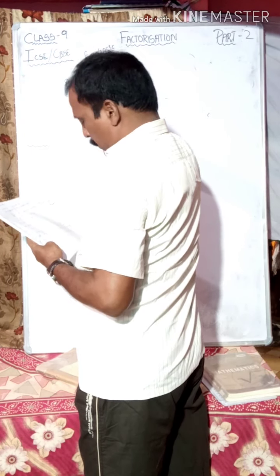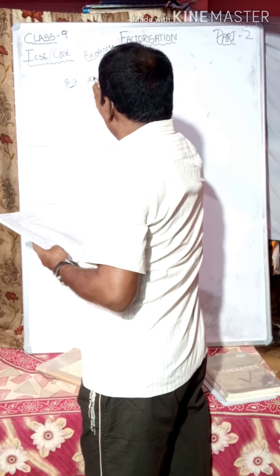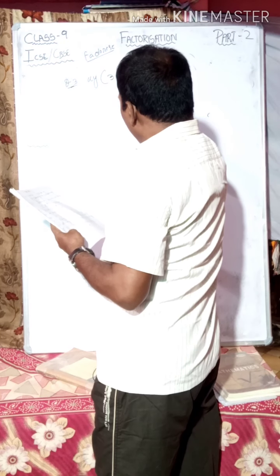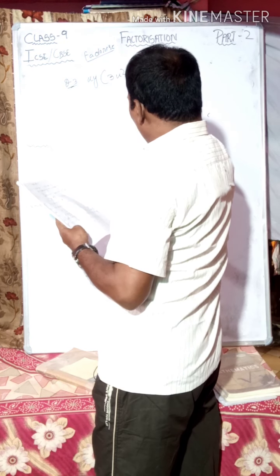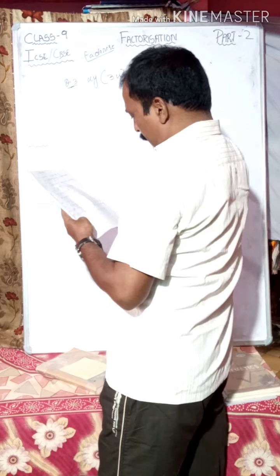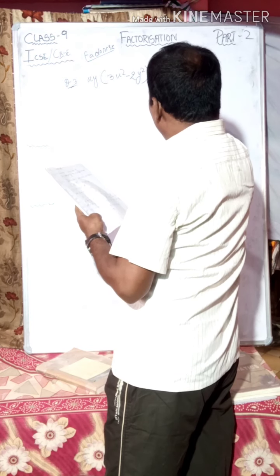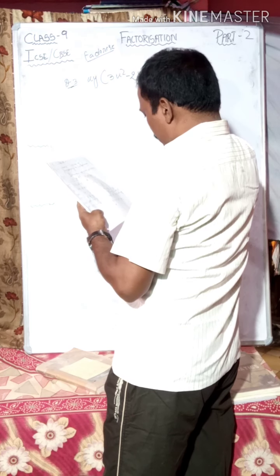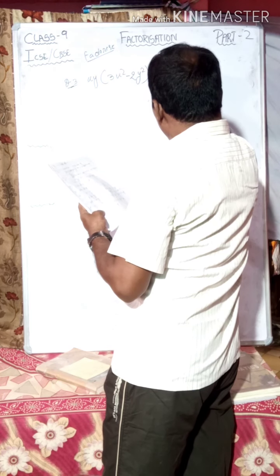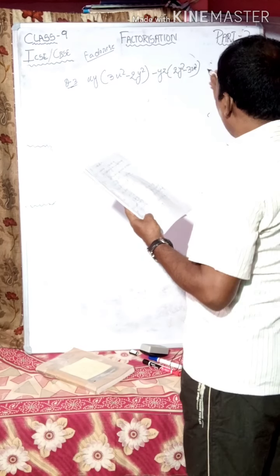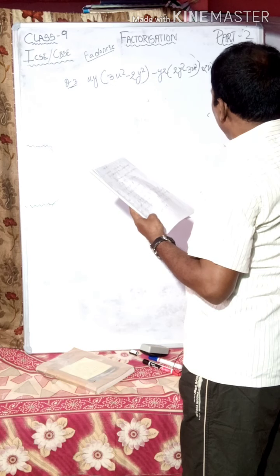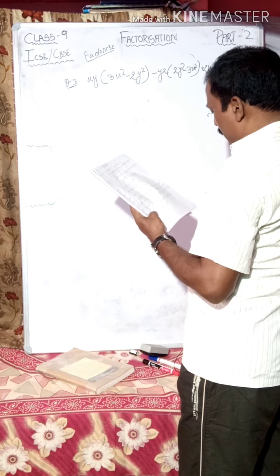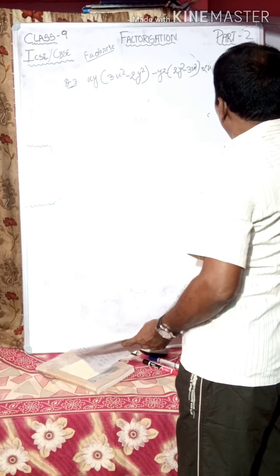Question 3. xy whole into 3x square minus 2y square, minus yz whole into 2y square minus 3x square, plus zx whole into 15x square minus 10y square.